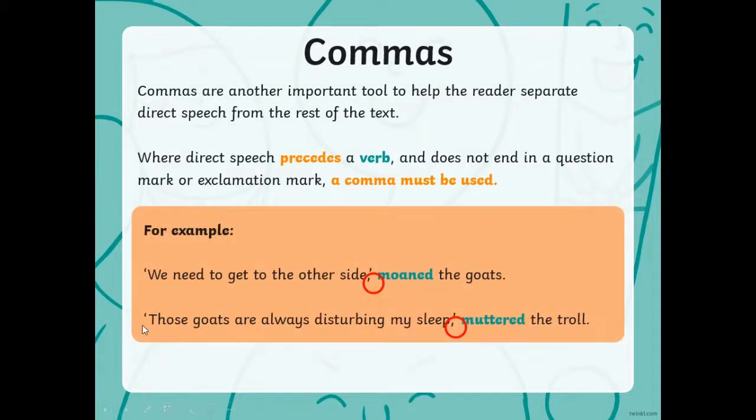So if your speech comes first, and then who has said it, you will notice it will use a comma, not a full stop. It may use an exclamation mark, it may use a question mark, but it will not use a full stop. So: "We need to get to the other side," moan the goats. "Those goats are always disturbing my sleep," muttered the troll. Again, notice they are inside those speech marks.